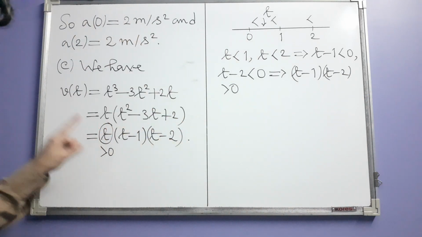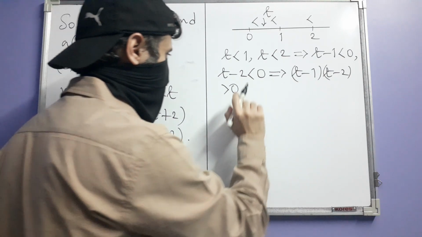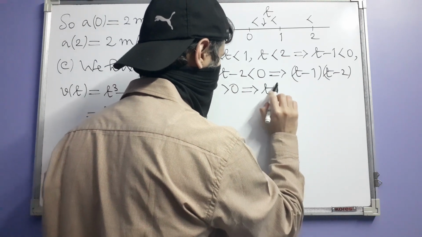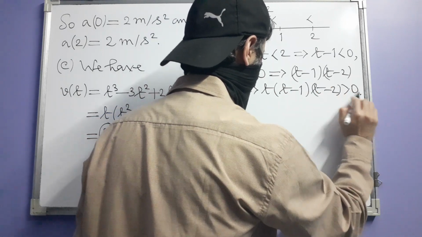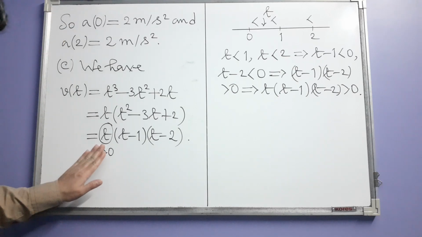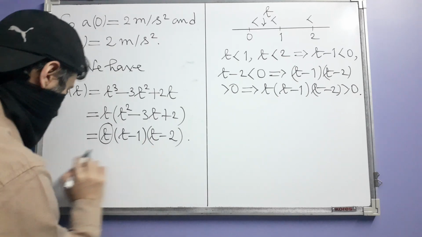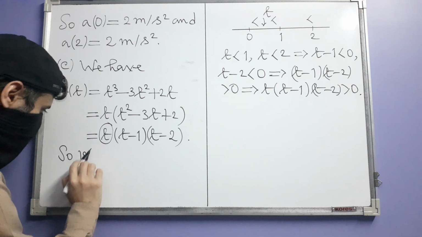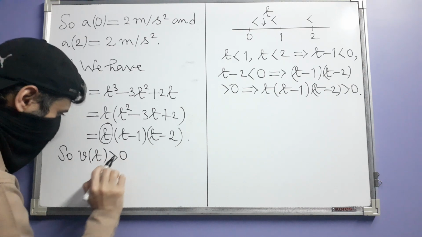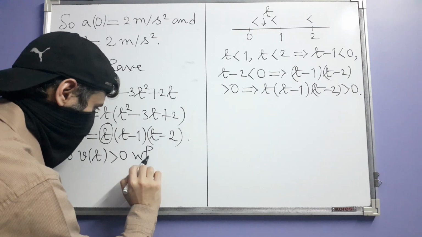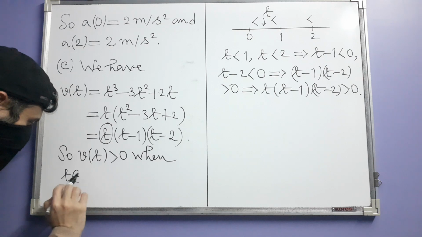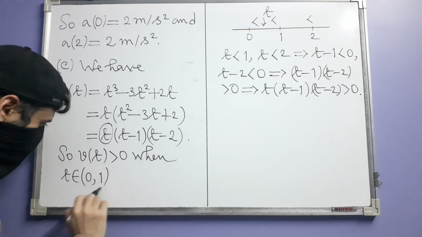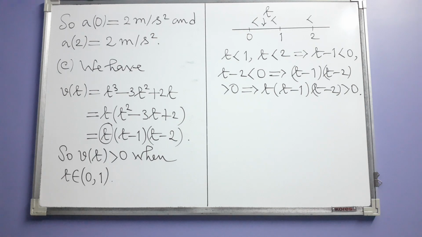Multiply that by this positive number t, you still get another positive number. Right? So v of t is positive when t belongs to the open interval 0, 1. Alright, so this is one thing.